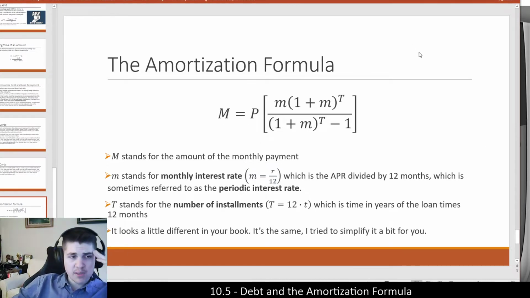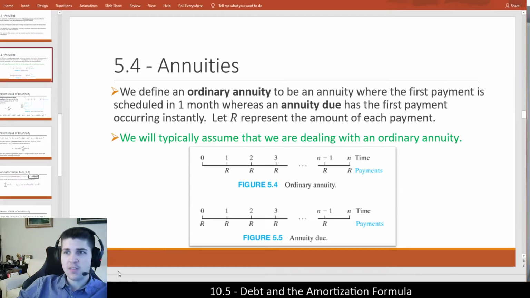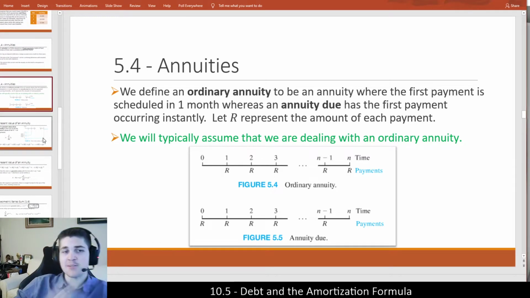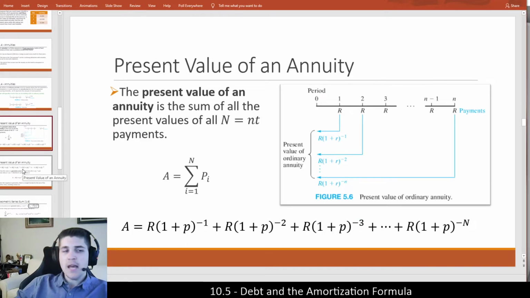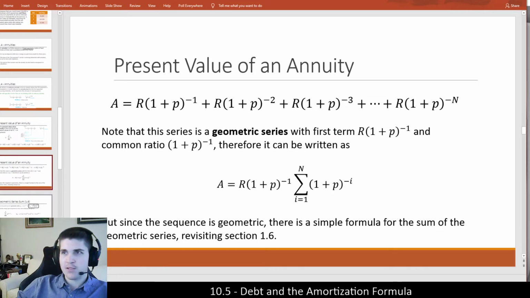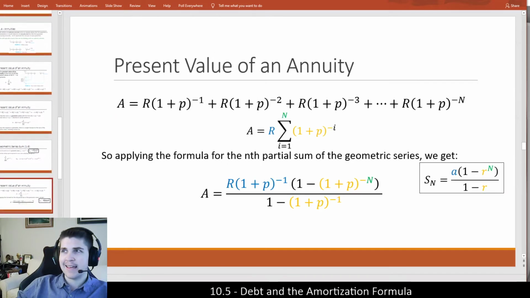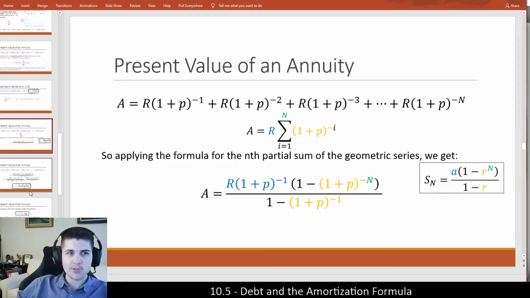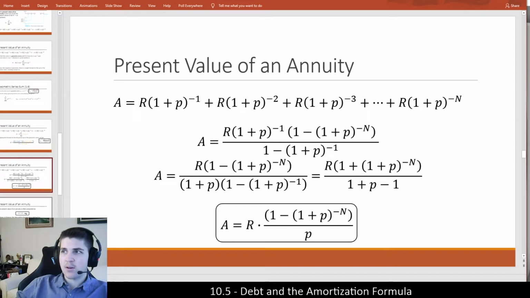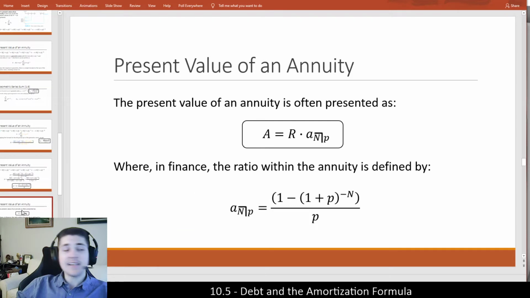And actually, the real detail of the amortization formula, why it is what it is, there's some series math that's going on here. In another class I teach this a little more rigorously, but there's quite a bit of math that we're not going to get into in this class that goes into solving the amortization formula, and it is quite interesting.